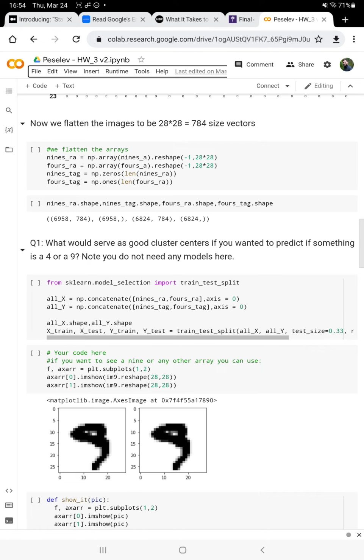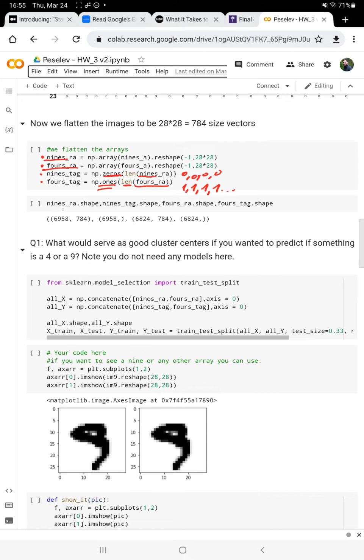So that's what happens. And now what you have is nines array, you have fours array. Now you have zeros. How many of them? As many as you have nines. Here you have 1, 1, 1, 1. How many? As many as you have fours in the fours array.